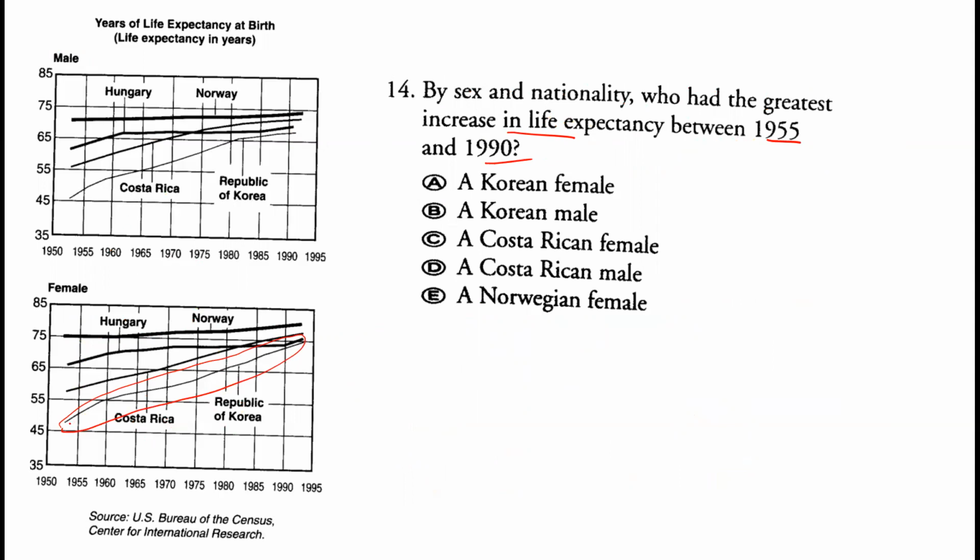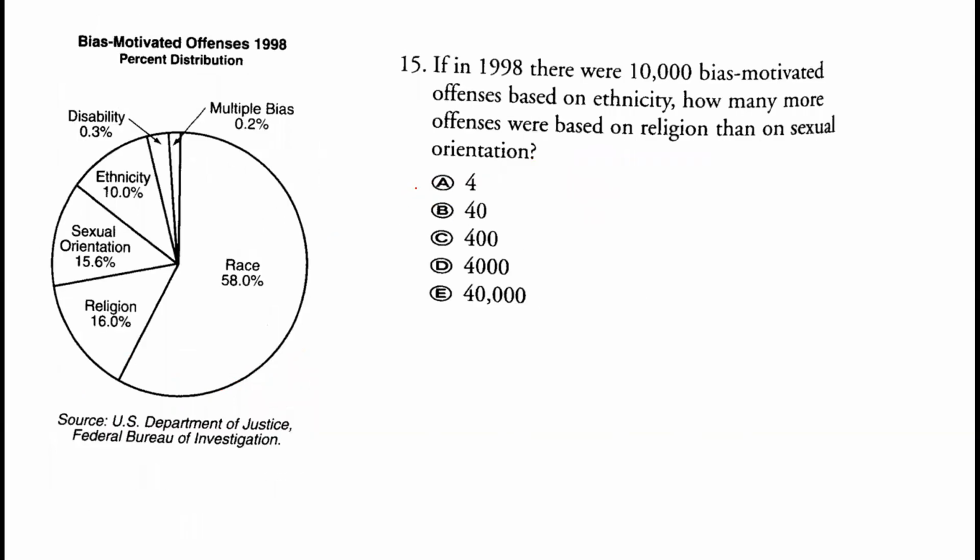The steepness tells us the rate of change. So the rate of change would be highest for females in South Korea. Obviously, you won't be calculating each and every percentage change, but from the graph you can see the steepest line, which tells us the greatest rate of change. So option A is correct.